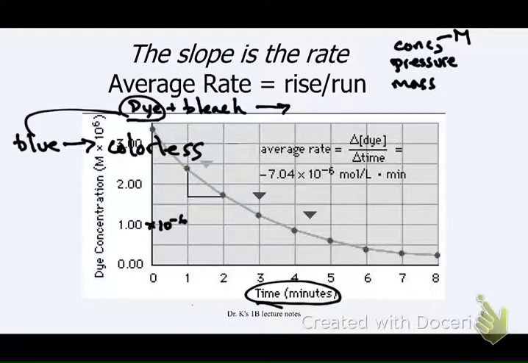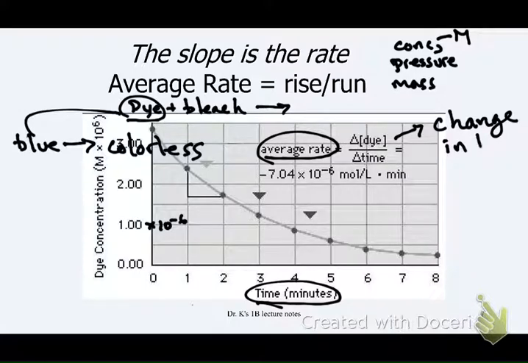All right. Now, when we say rate, we're just measuring a slope. So you'll notice that the average rate is the change in dye concentration over the change in time.